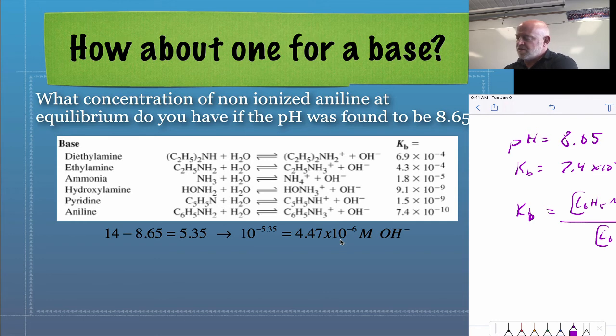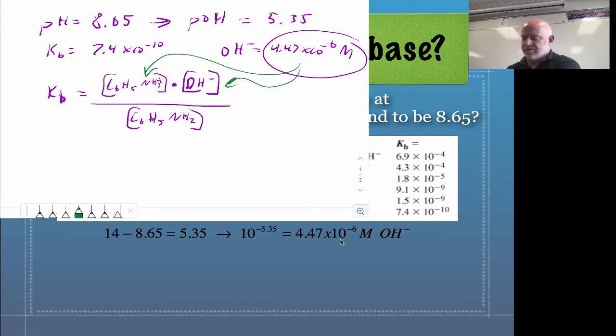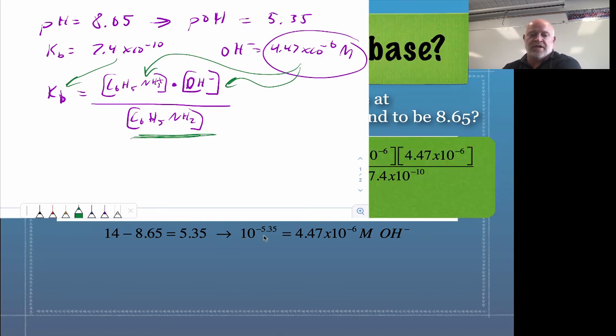Okay, so now that we know the hydroxide ion concentration is 4.47 times 10 to negative 6 molarity, this value again is both this number and this number in the equation. The Kb we know, so let's solve for our non-ionized aniline in here.